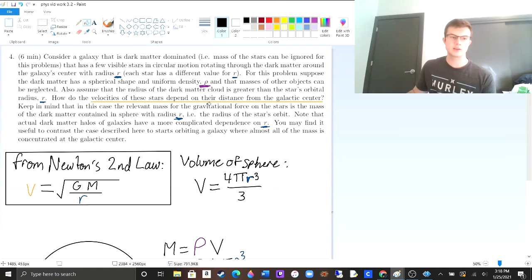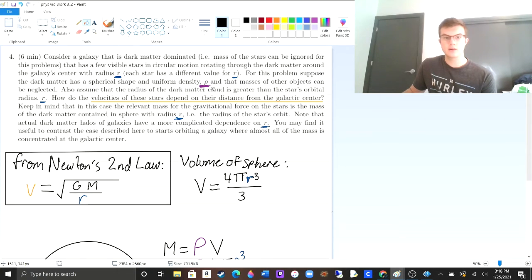So it also says that we have to keep in mind that in this case the relevant mass for the gravitational force on the stars is the mass of the dark matter contained in the sphere with radius r, the radius of the star's orbit. So basically what it's saying is that we have stars orbiting some point, the galactic center, and their distance from that is equivalent to saying that they are rotating a mass with radius r, and they are on the surface of it.